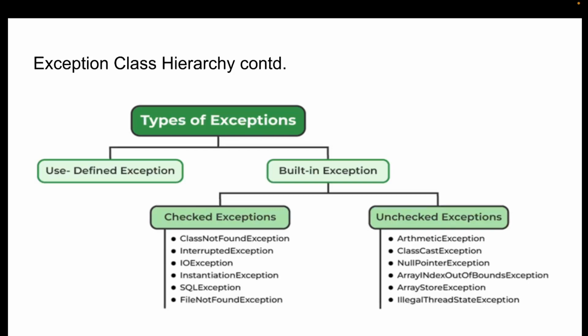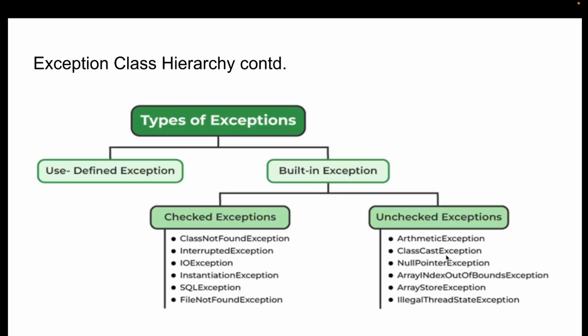So dog is a type of animal itself, so that is that kind of relationship. So similarly in class cast exception, you can typecast a class to another type of class. We have seen how we were typecasting a data type into another, right?